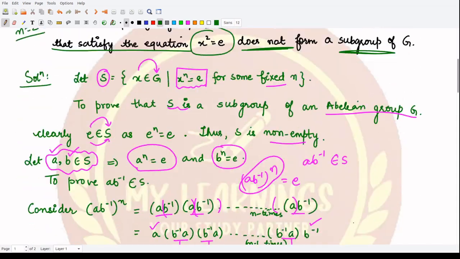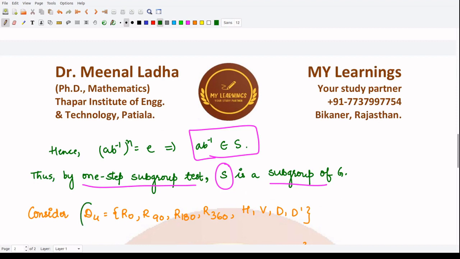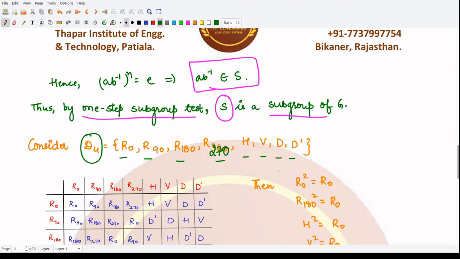For this, let's consider an example, the group D4, which contains these 8 elements. We can construct a subset S containing all the elements from D4 such that x squared is the identity, which is R0 in this case.